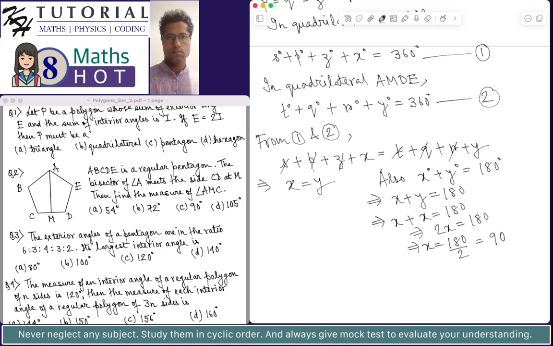So x degree is equal to 90 degree. So the correct choice is C. Angle AMC is 90 degree.